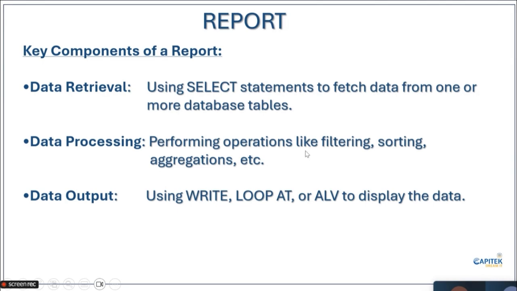Sometimes, out of, let us suppose, 1,000 employee records from a table, I want only those employee data which is active. The employee data is always available in the database table, but out of the 1,000 employees, how many of them are active with that company?